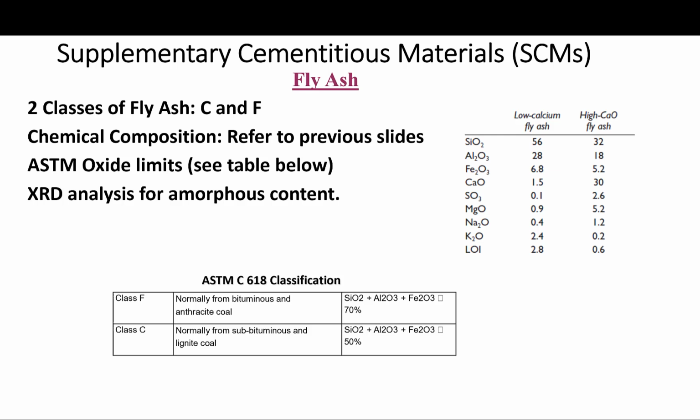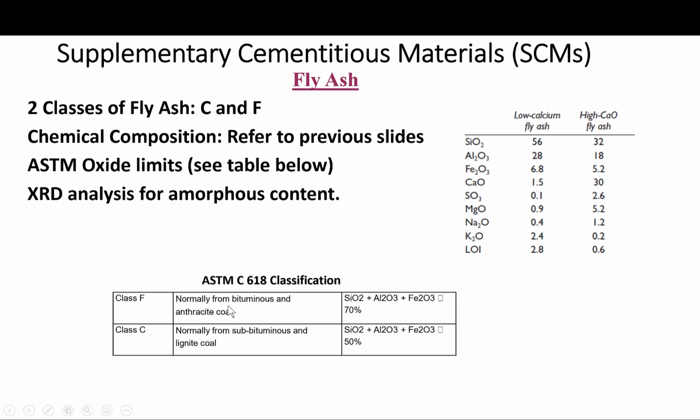For the chemical composition shown here, please also refer to the previous slides where I have talked about their chemical composition. The ASTM oxide limits are shown in this table, according to the ASTM C618 classification.